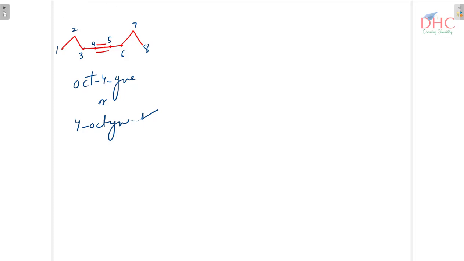Next example हमारे पास है, we have the next example, that is this. यहां पे ट्रिपल बॉन्ड है, मीन्स ये एक कार्बन है, ये एक कार्बन है. ठीक, and these are the next carbon atoms. Now you have over here this substituent.